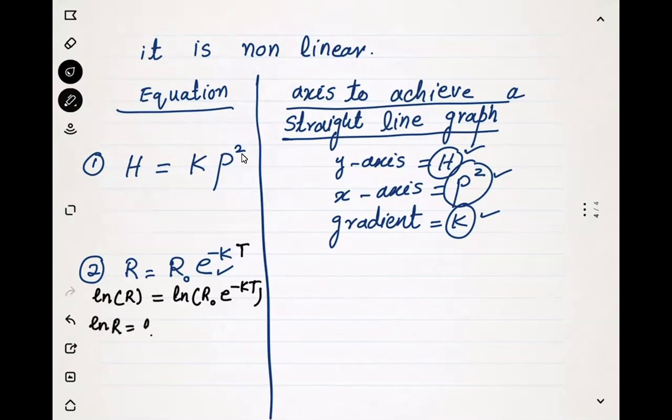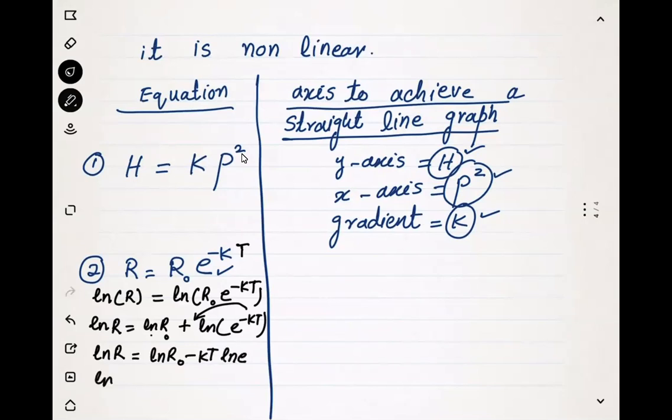So it will become natural log of R is equal to natural log of R naught plus natural log of e power minus kT. Power in the log becomes the coefficient. Now it will become natural log of R is equal to natural log of R naught minus kT times natural log of e.